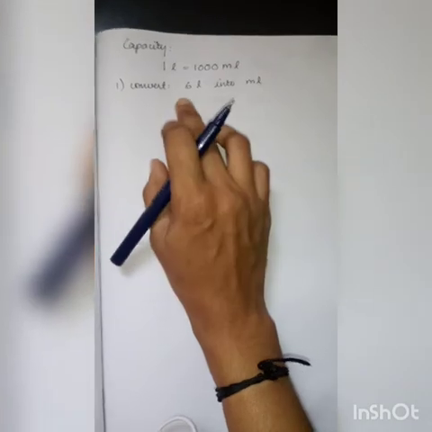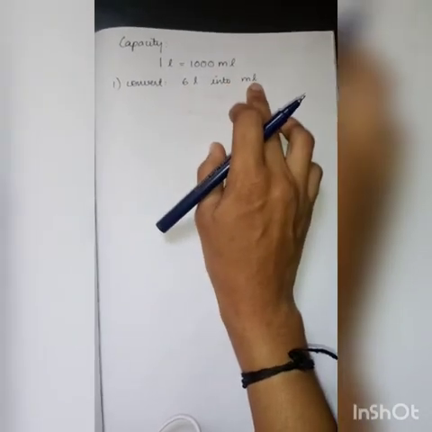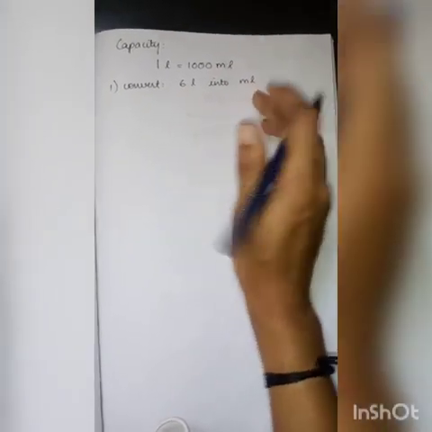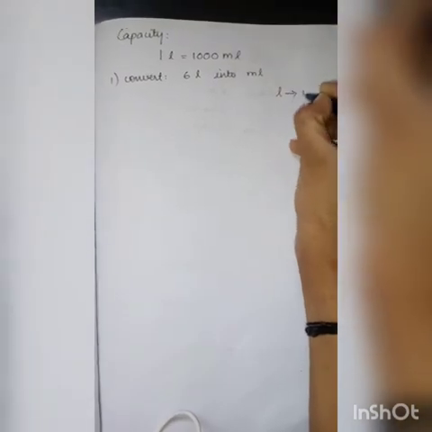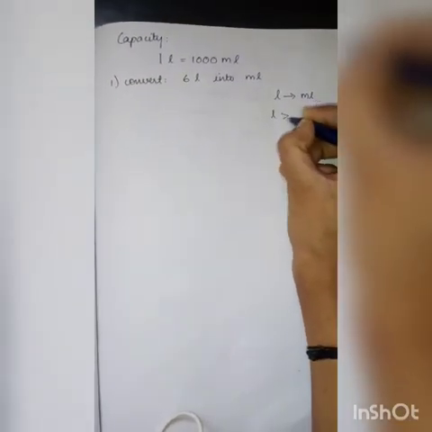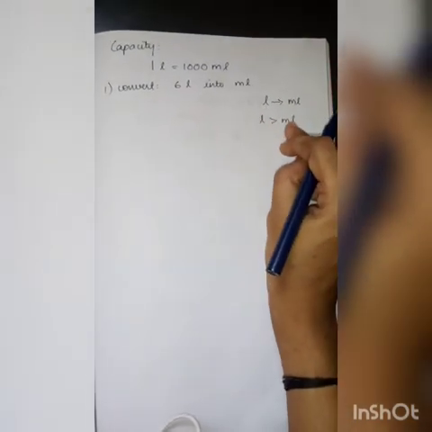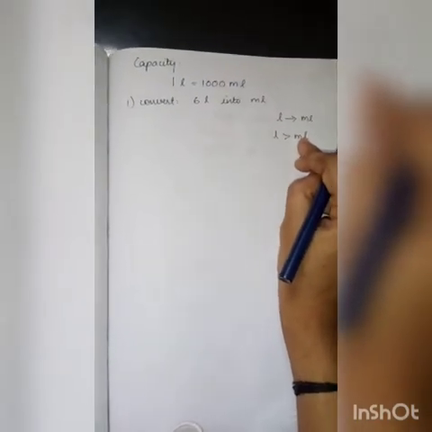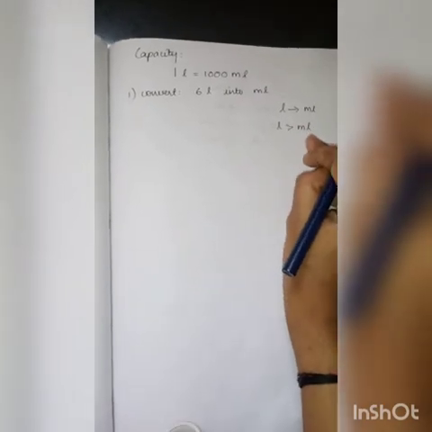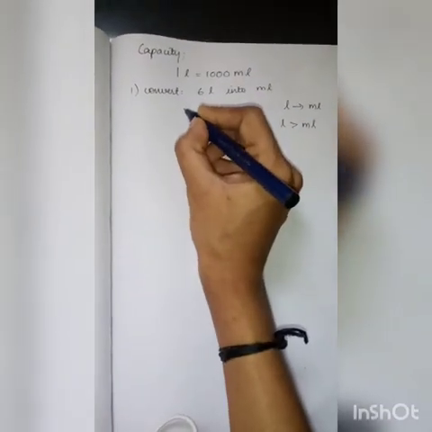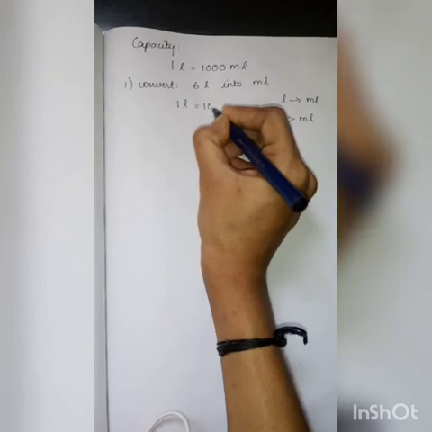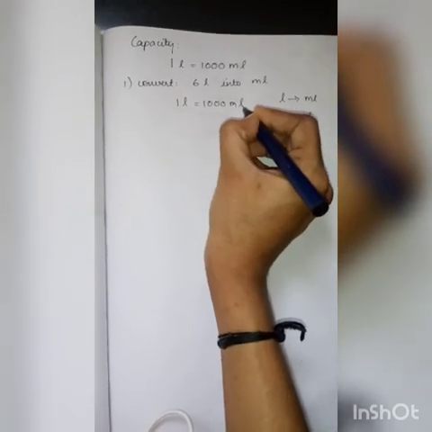Now we are going to convert 6 liter into milliliter. Liter to milliliter. Liter is greater than milliliter, right? So what relation will you follow? Bigger to smaller, so obviously multiply. What is the relation here? 1 liter is equal to 1000 milliliter.